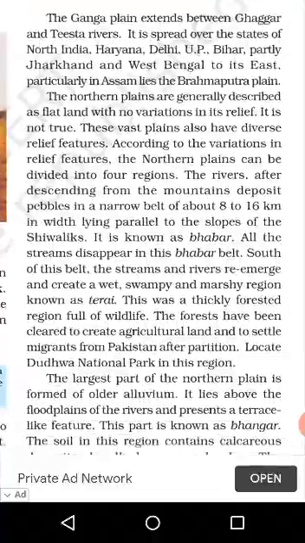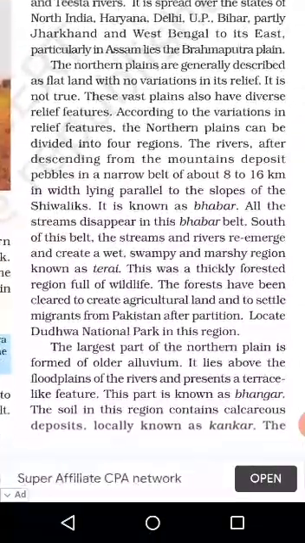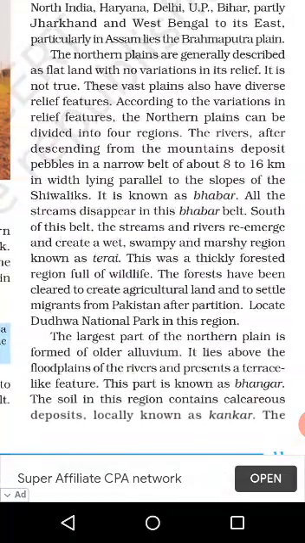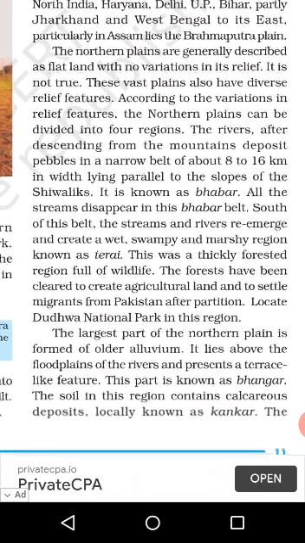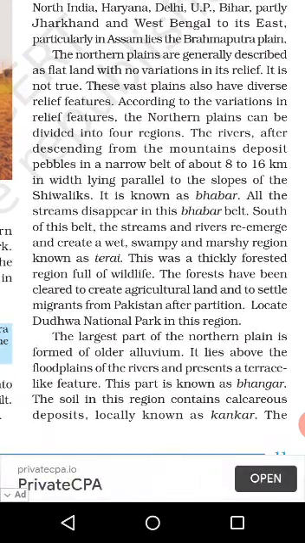Generally plains are described as flat land with no variations in relief. But in this plain, we find diverse relief features. According to that, the northern plains can be divided into four regions: Bhabar, Tarai, Bhangar and Khadar.